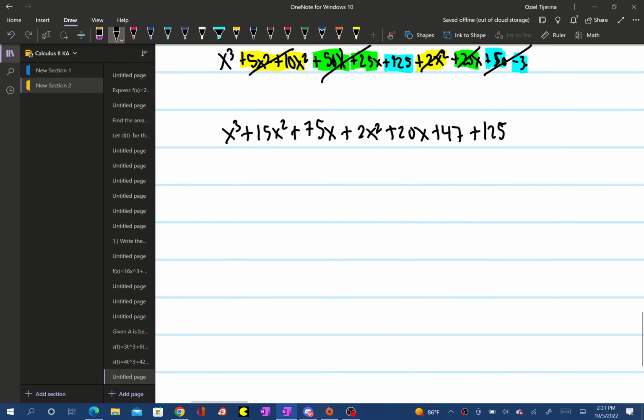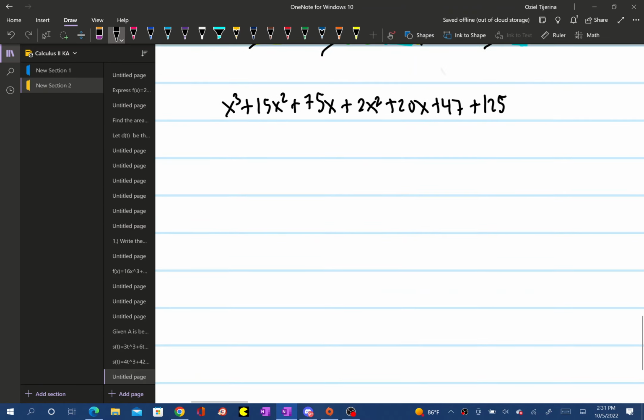So then we go just a little bit more: 15x squared plus 2x squared, and then we have 75x, 20x, and then we also have 47 and 125.